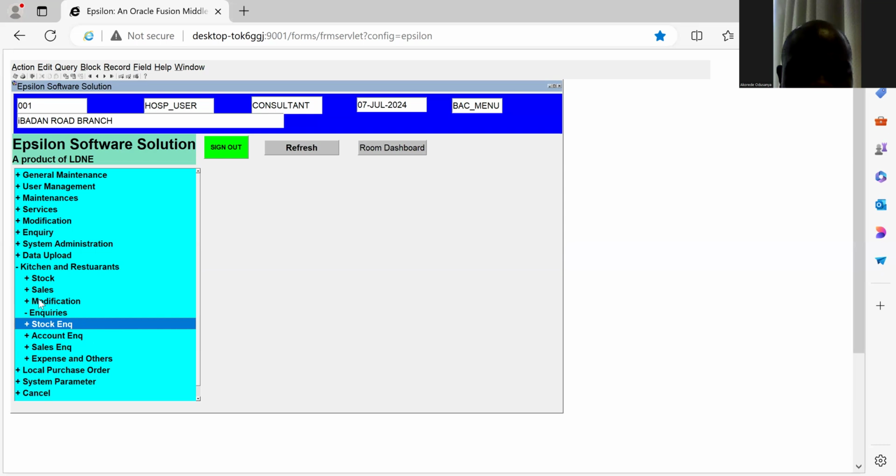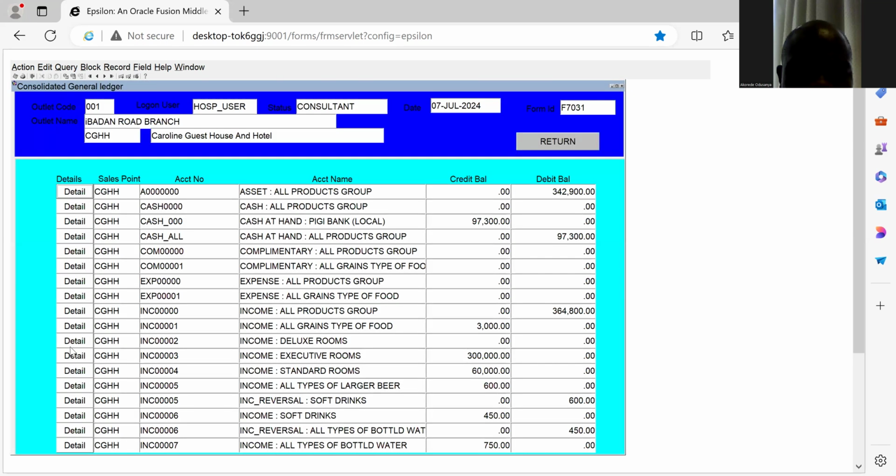Under kitchen and restaurant, we have stock, sales, modification, then we have inquiries, general inquiries, which include stock inquiry, account inquiry, sales inquiry, expense, and others. I'm more interested in this account inquiry, where we have the consolidated ledger. This is what is meant to be accessed by the manager and the CEO of the hotel.